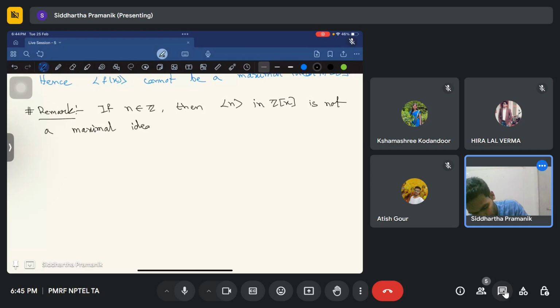This is because, let me write it down here, Z[x] modulo the ideal generated by n is isomorphic to (Z/nZ)[x], and this is a polynomial ring. This cannot be a field, so this ideal cannot be maximal. So constant polynomials do not generate maximal ideals, and non-constant polynomials also do not.